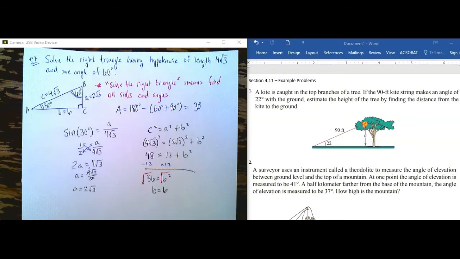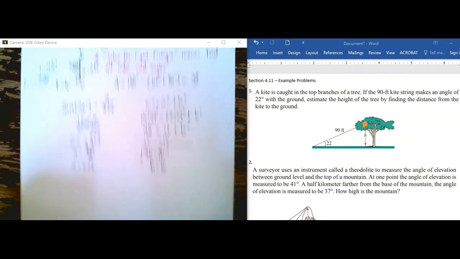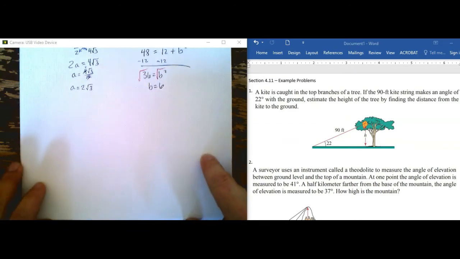Okay, so again, we're going to deal with some applications. Before we get started, we just want to do a couple definitions.